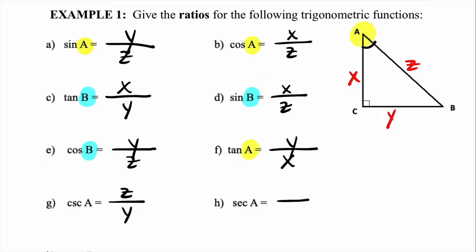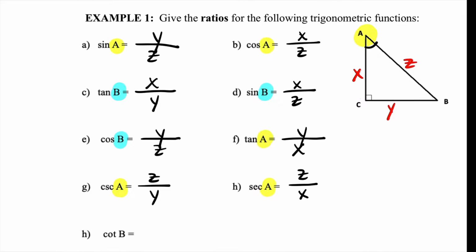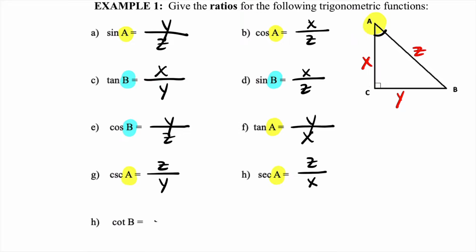Secant of A. Still at A. Secant is hypotenuse. Okay, Z over adjacent. What's adjacent to A? X. Good. And then the last one, letter H. We go back to B one more time.